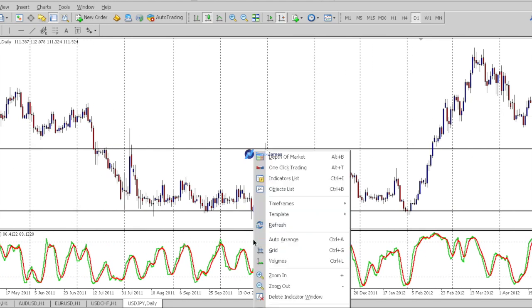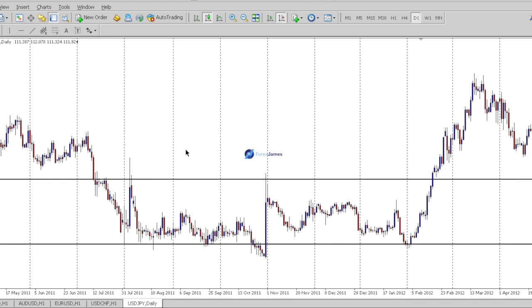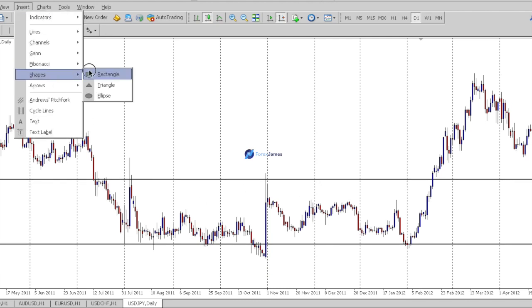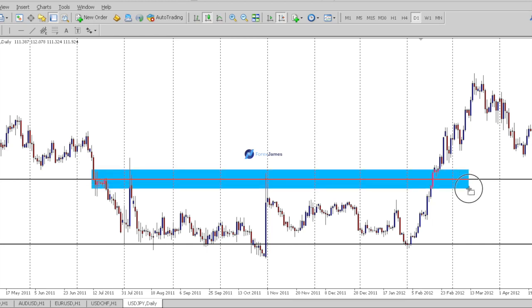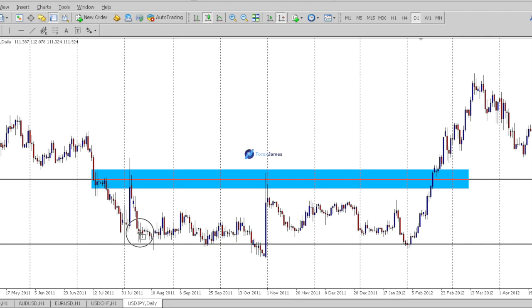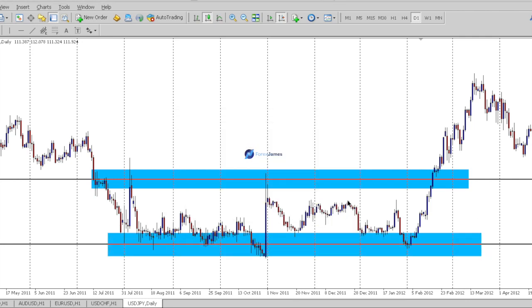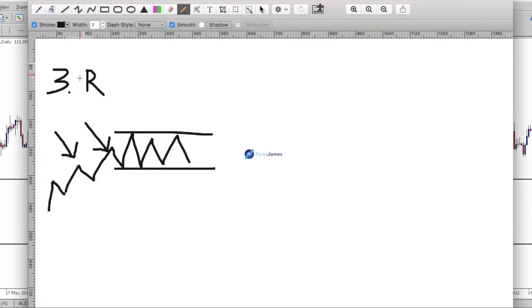I personally don't use any indicator, so all I'm counting on is price bouncing off the supply zone and the demand zone at the bottom. So if the stochastics gave me a sell signal here, I wouldn't take it simply because it's way too far from the supply zone. So this is an example of a range play.